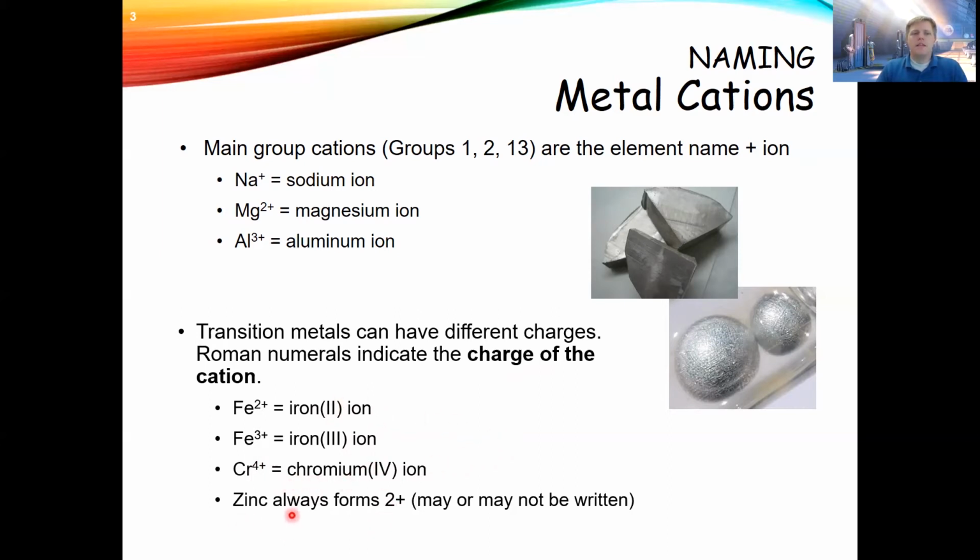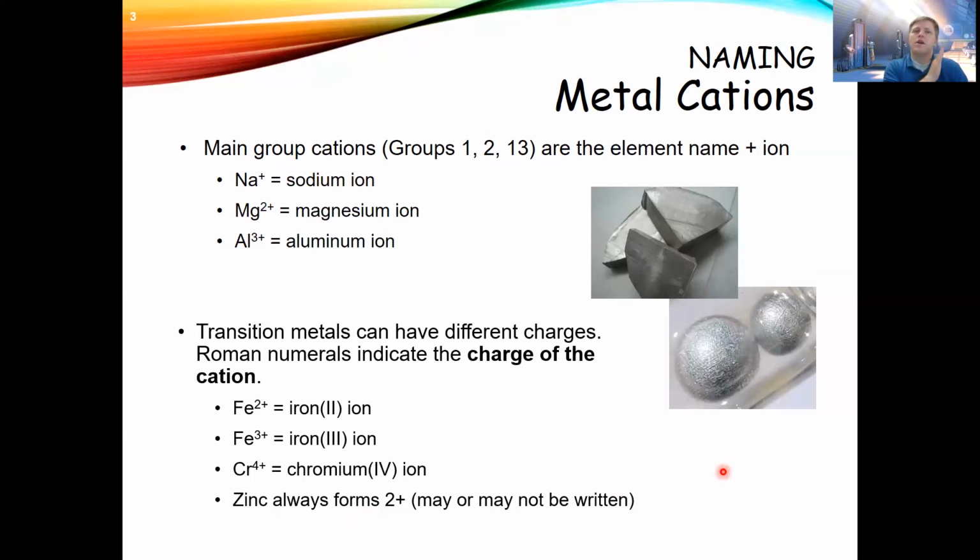For some ions, like zinc, which always forms the 2+ ion, the charge state may or may not be written. Some transition metals have multiple charge states, some only have a single one. For elements that only have a single typical charge state, sometimes we'll write in the Roman numerals, sometimes we won't.